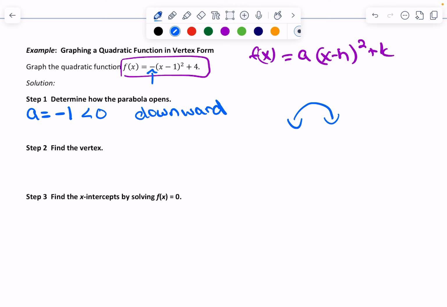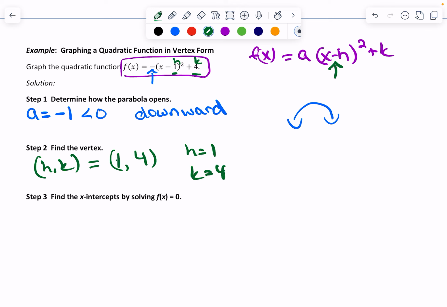Now, next we need to find the vertex. The vertex is (h, k). Let me use another color here. H is this right here, and k is this number right here. Now, remember that the form is x minus h, so the minus sign is there. That is why our h is going to be 1 and our k is going to be 4.